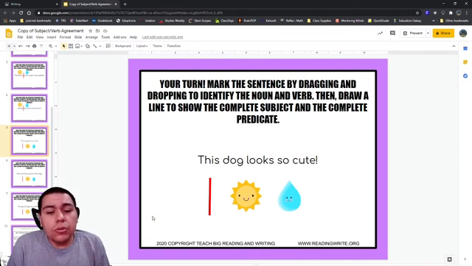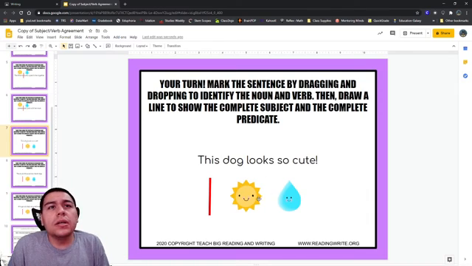This dog looks so cute. Okay, what's our subject? What is that sentence about? What is the subject? What is this sentence talking about? What is this sentence focused on? Alexa? The dog?